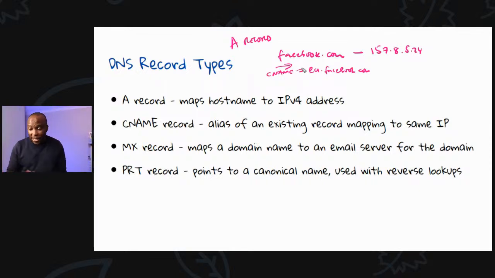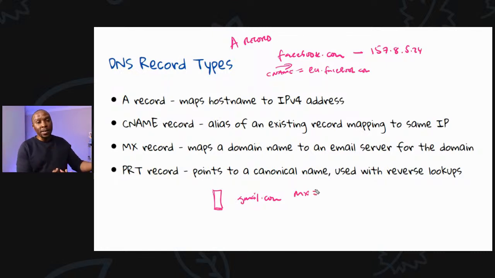The other one is known as an MX record. This is important for mail servers because it maps a domain name to an email server for that particular domain. So when you're sending email, you got gmail.com. Gmail.com will have an MX record, and that MX record is propagated across the world.